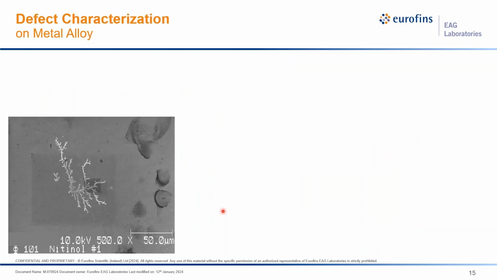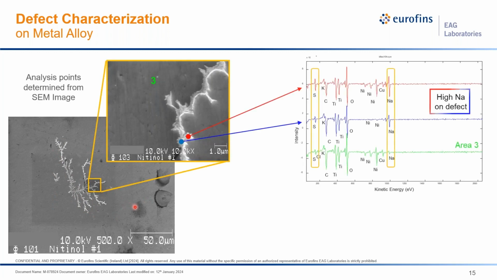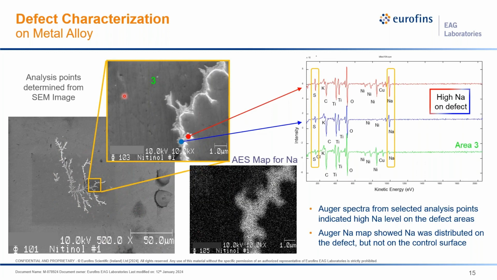But I have a lovely example of Auger data here. We're looking at these dendritic features on a metal alloy. Auger produces an SEM-like image within its instrument, which helps an operator select very precise areas for analysis.